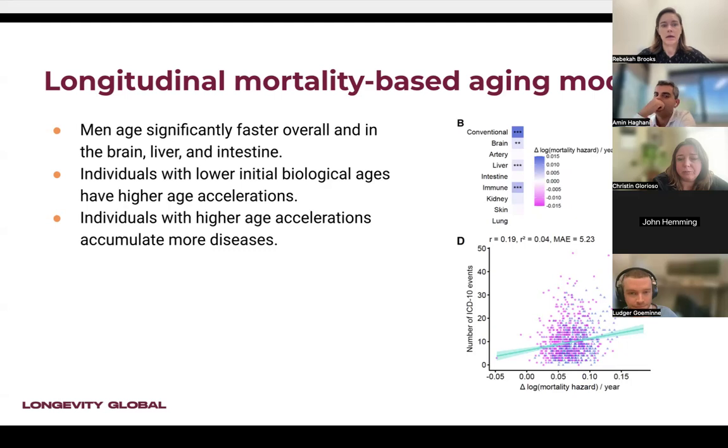And then that of course individuals with a higher age acceleration accumulate more diseases, which I thought was interesting and worth pointing out.